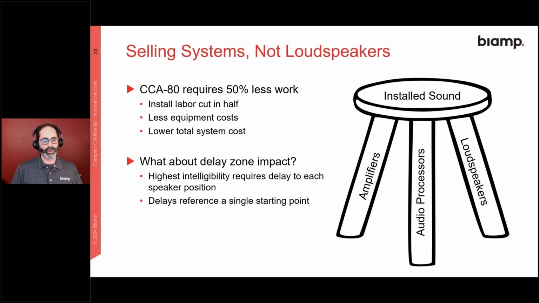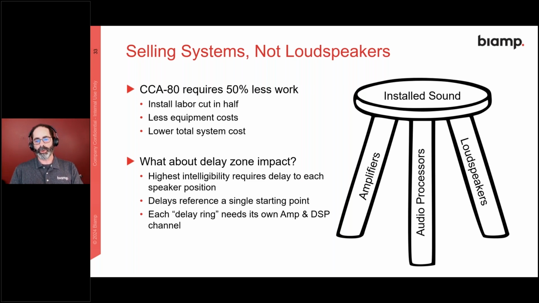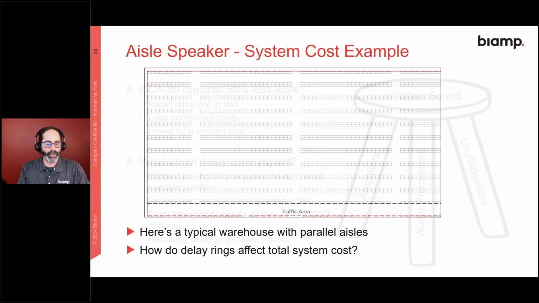So it's important that they're delayed and referencing a single starting point. But we do have to keep in mind, every time we add a delayed unit, we're adding an amp channel with some signal processing, cable, time and energy, and so forth. Okay, so we can reduce the number of delays. That's a bonus. When we need them, we need them.